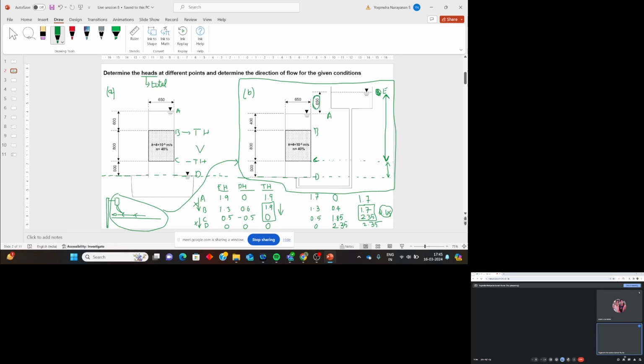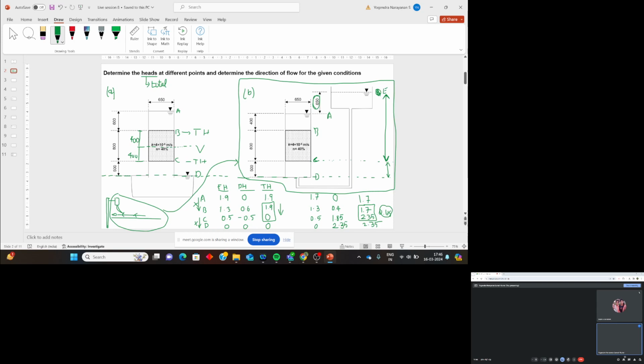Yes, sir. Clear. Now what you can do here is take a random point here. Okay, sir, it is 400 mm. This is 400.